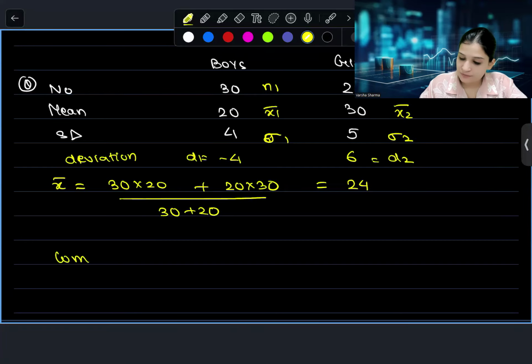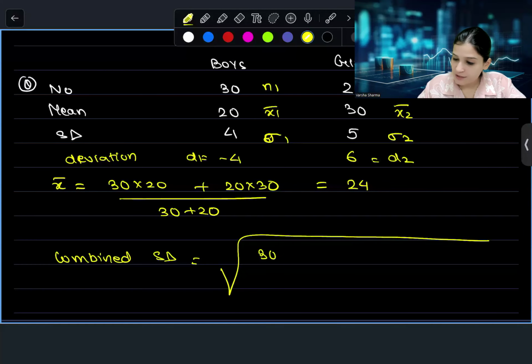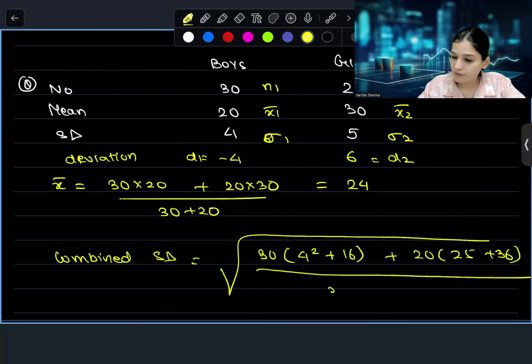So combined standard deviation: N1 sigma 1 square plus D1 square, N2 sigma 2 square plus D2 square, by N1 plus N2. Calculate.